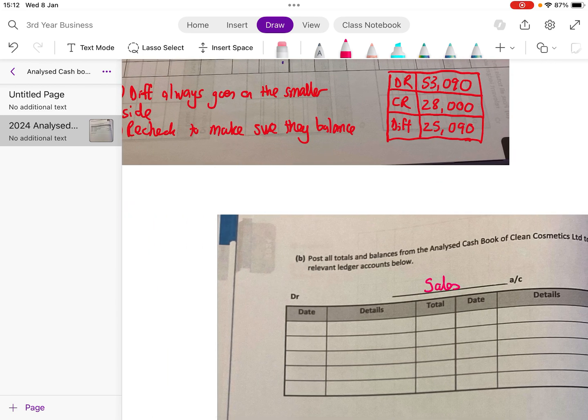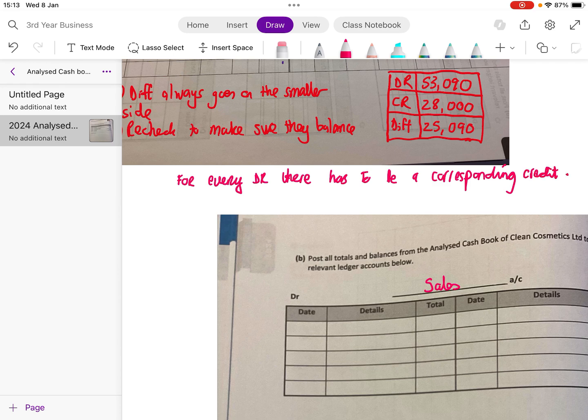Now, before I get going, there's one very important accounting concept, or two actually. First of all, I'm going to give us a rule. For every debit, there has to be a corresponding credit. So accounting is all about balancing.